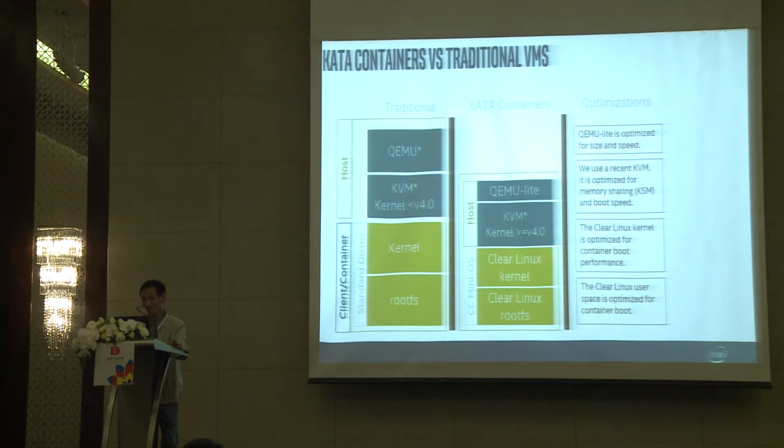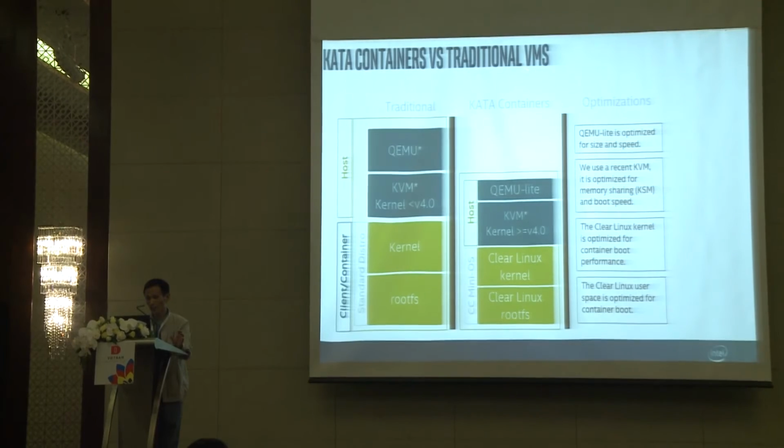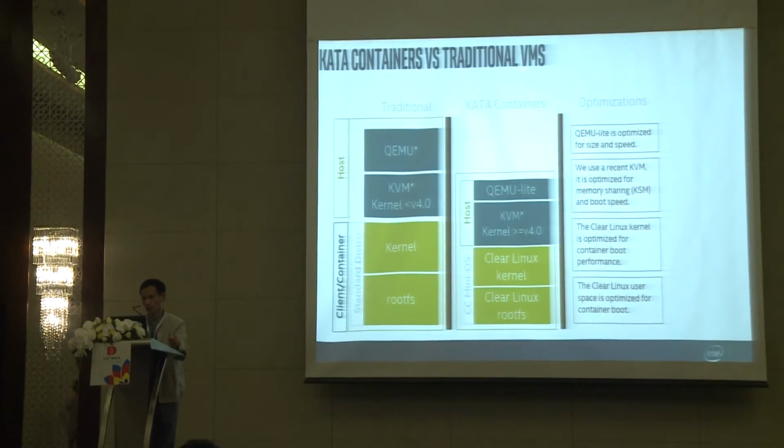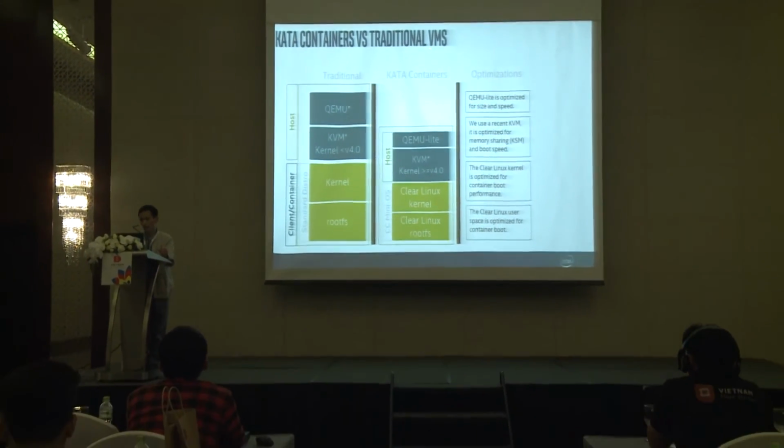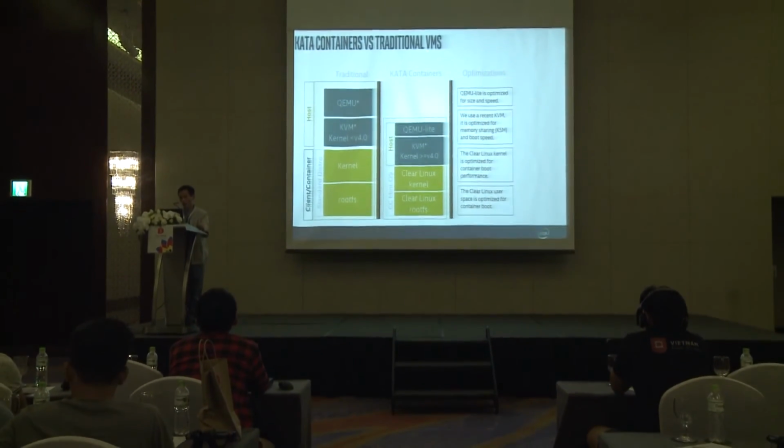QEMU is a large project with millions of lines of code, and it emulates hundreds of devices. In the Kata Containers use case, only a couple of devices are used, and most of the devices are not needed.